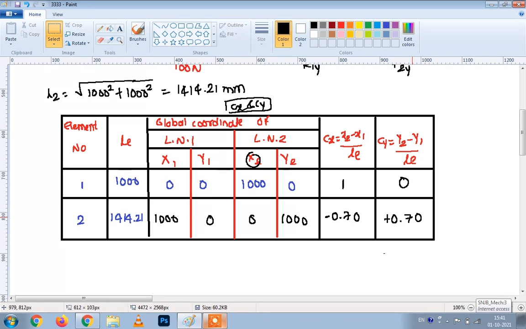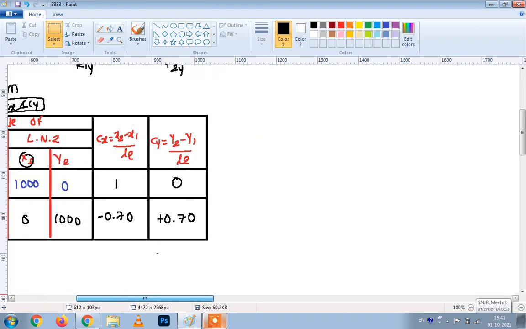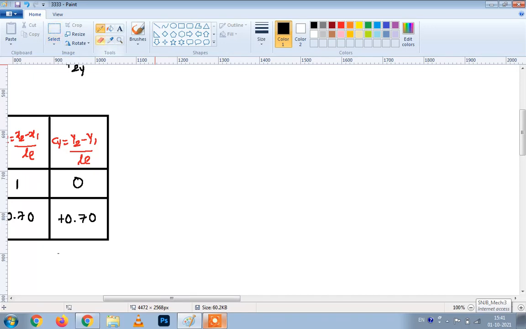Now I will quickly write down the formula to find the stiffness matrix. Its formula is K is equal to AE by L. In this numerical, the value of AE by L is given in the problem statement itself, and this value is 1000.